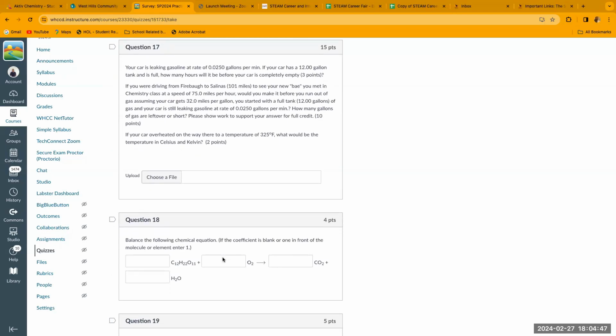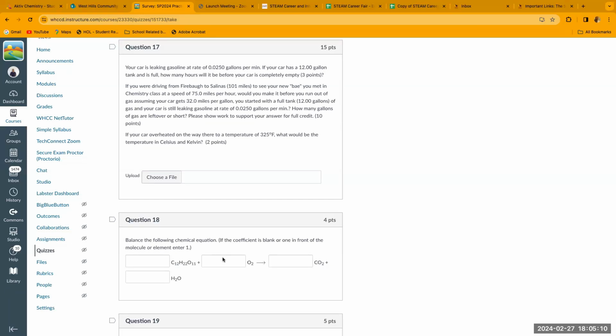Okay, our next question. It says, your car is leaking gasoline at a rate of 0.025 gallons per minute. If that car has a 12-gallon tank and is full, how many hours will it take before your car is completely empty?